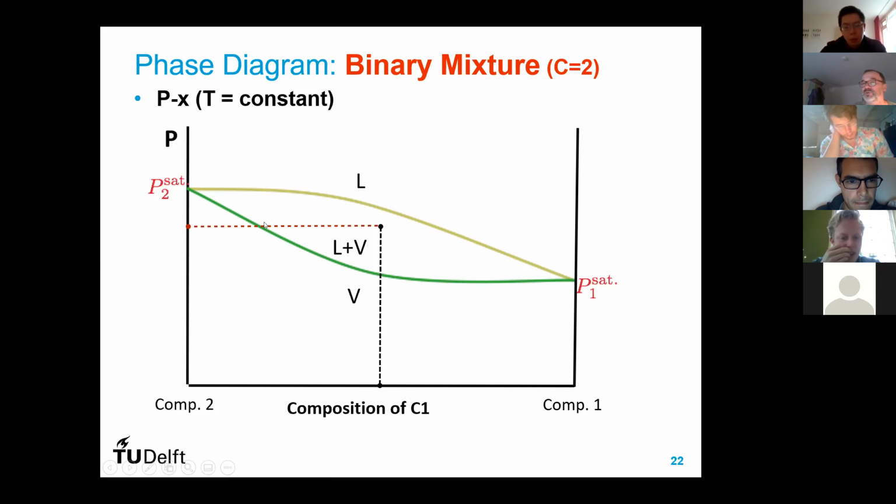And it's the same rules. If you're here, in the case of the negative flash, your vapor fraction will be less than 0. That's an indication you're in the single phase liquid. If you're here, you're in the single phase vapor. If you're in between, you're in the 2 phase.